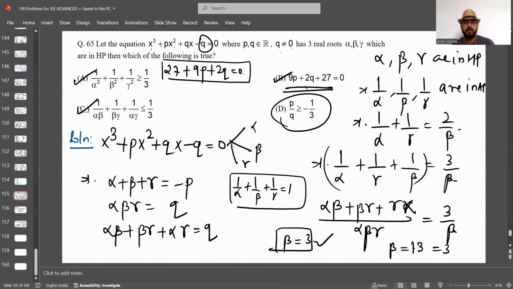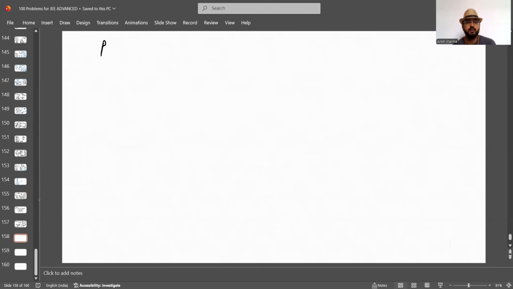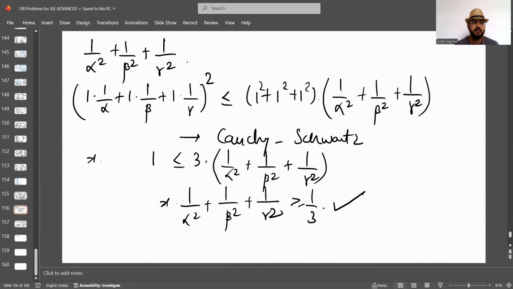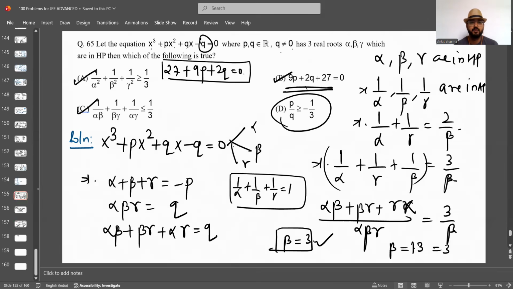Now P over Q. P over Q is eventually alpha plus beta plus gamma over alpha beta gamma. Here P is my alpha beta gamma negative.